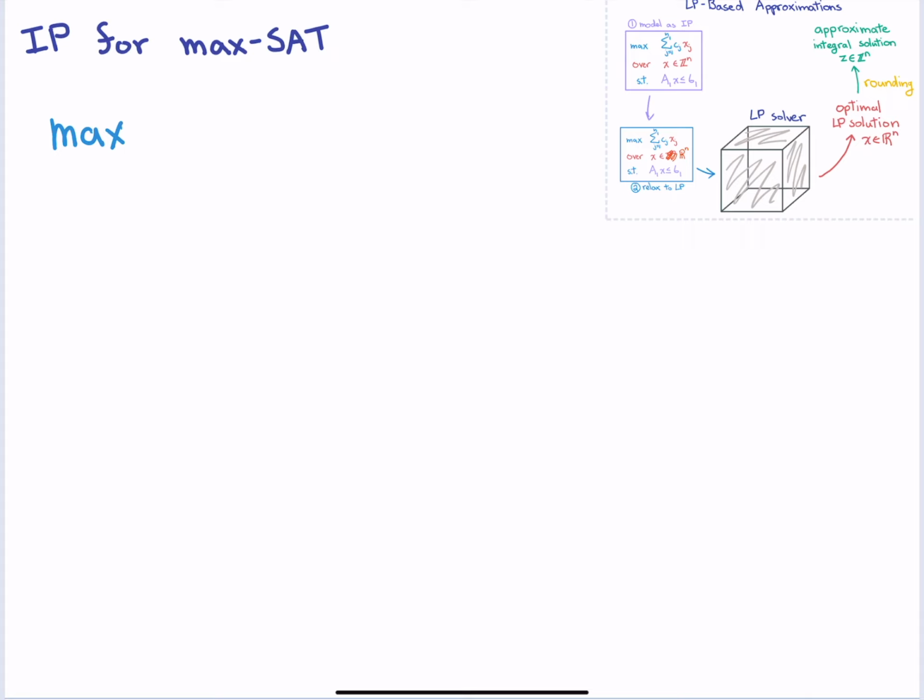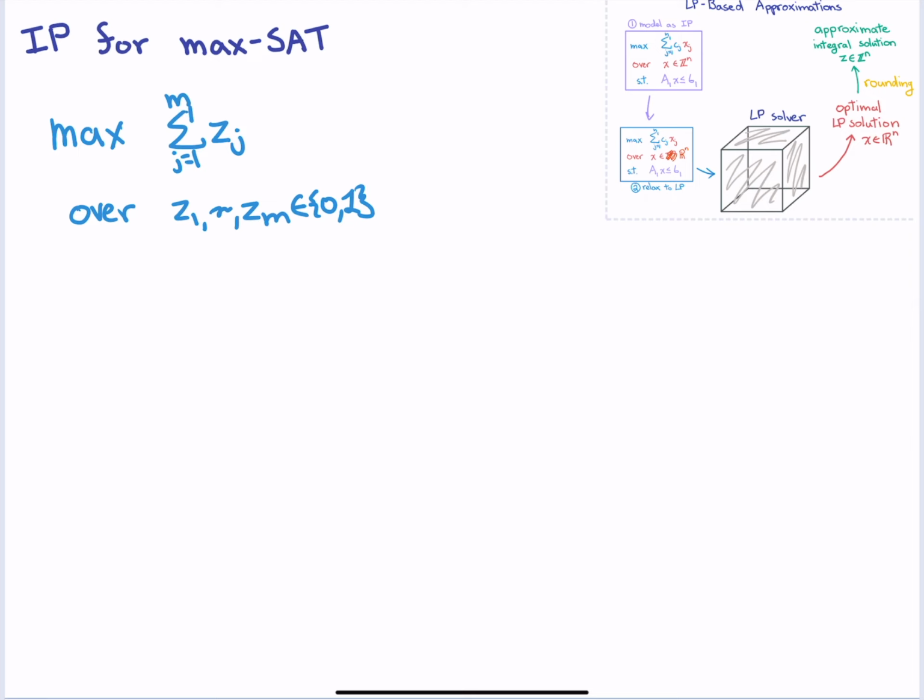So I think there are m clauses, so I'll introduce m variables that have to be 0 or 1. That's really saying they have to be integers, at least 0 and at most 1. And I sum over all the clauses, right? So if I satisfy clause 1 and z1 is equal to 1, I get 1 point.